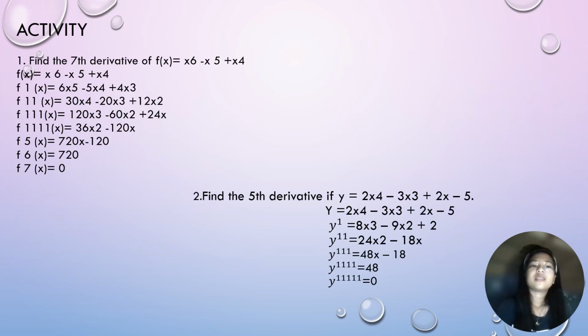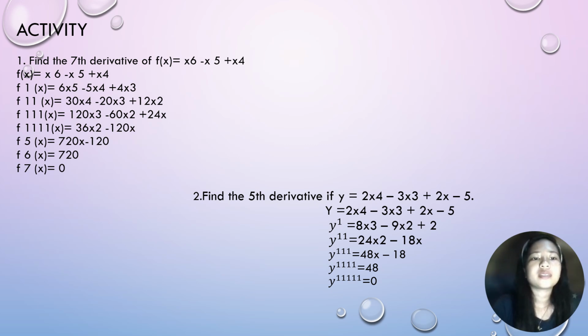For our activity, we have here two items only. Number one is find the seventh derivative of f of x equals x raised to 6 minus x raised to 5 plus x raised to 4. The first derivative of this is 6x^5 minus 5x^4 plus 4x cubed.